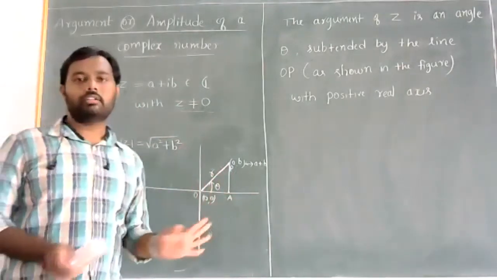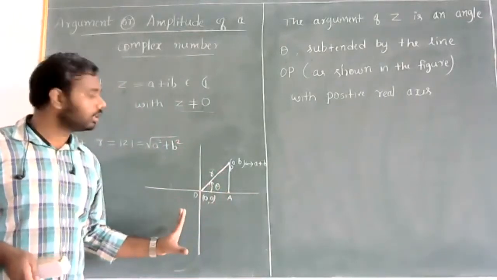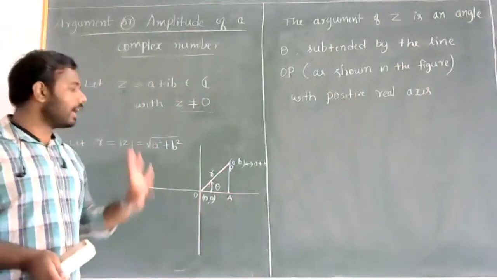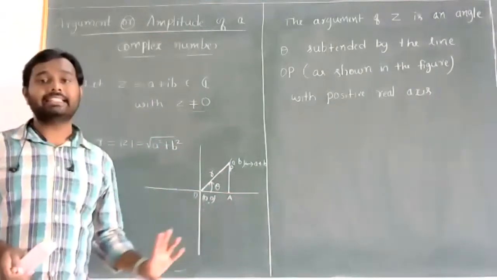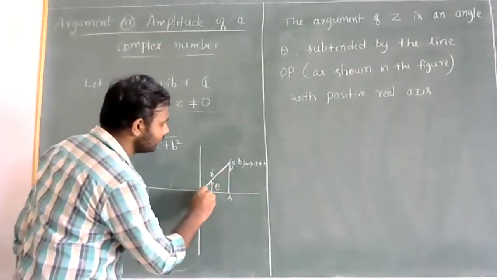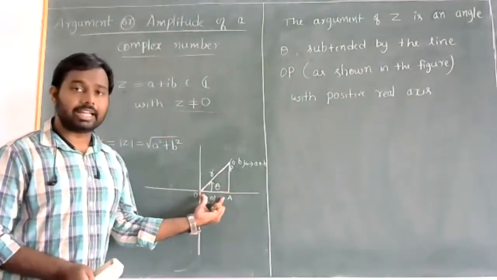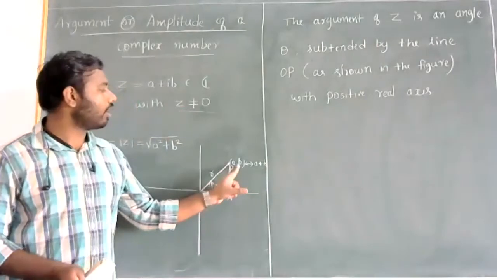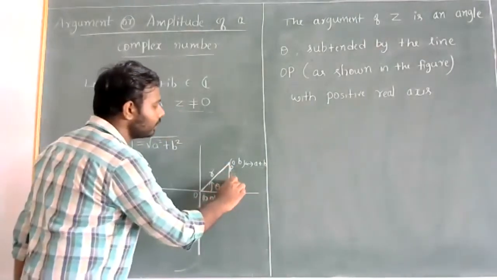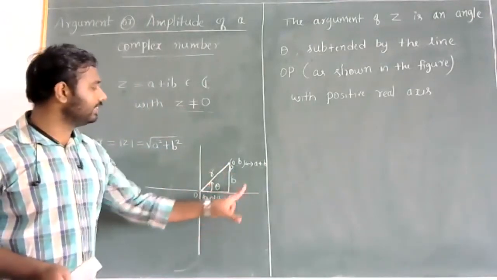Whenever you have a right angle triangle, you can talk about trigonometric functions, right? Trigonometric functions are considered only in a right angle triangle. So the length of this side is the x-axis distance of this point, so it is length a, and this will be length b. So I have a right angle triangle with these lengths.